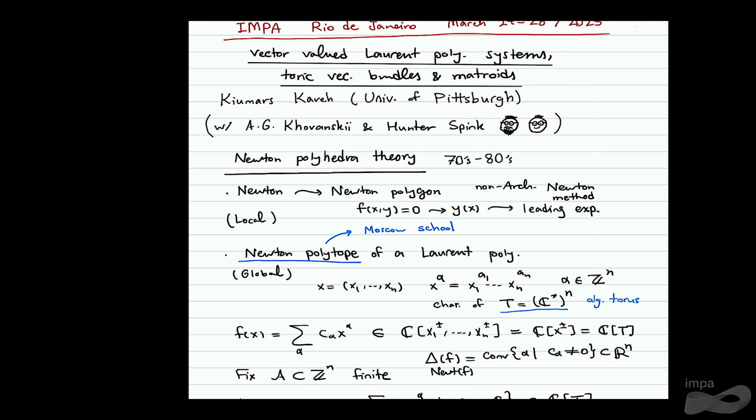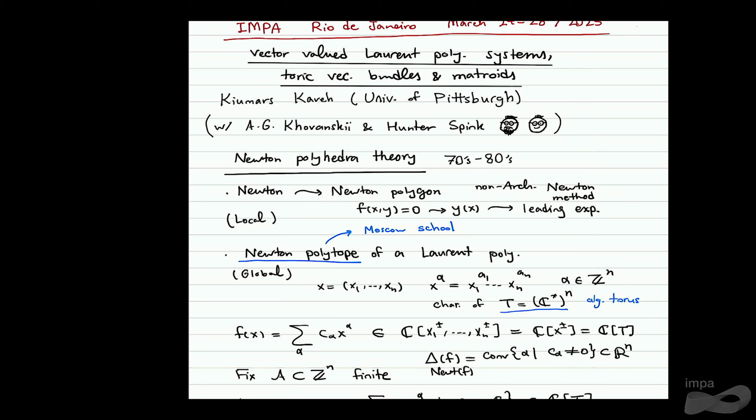It's solving f of x, y equal to 0. F is a polynomial, and then you want to solve y as a series in terms of x. You cannot have integer exponents. You may need to have fractional exponents, and then using this convex geometry trick, Newton can say what is the leading exponent of y as a series.